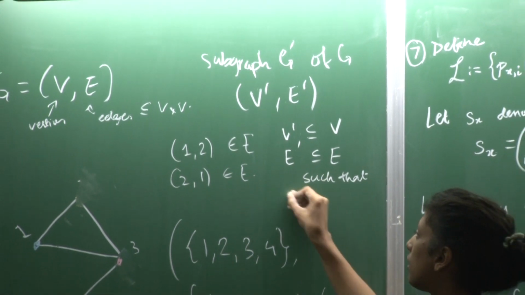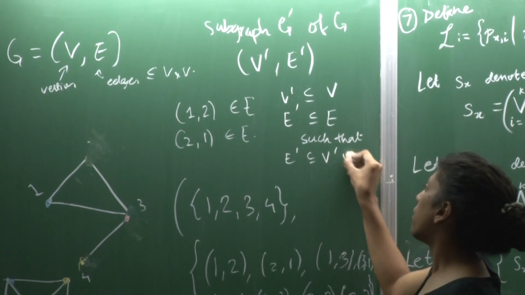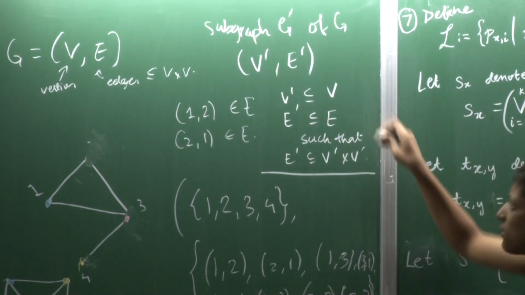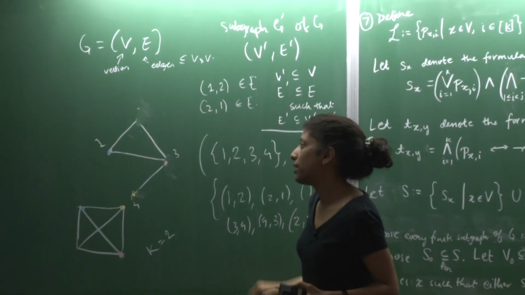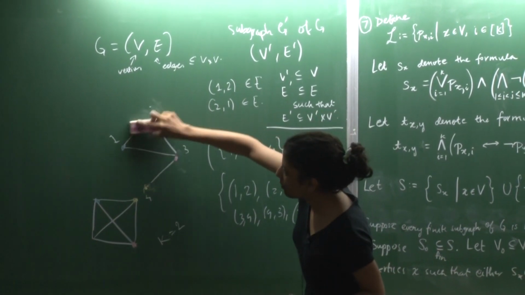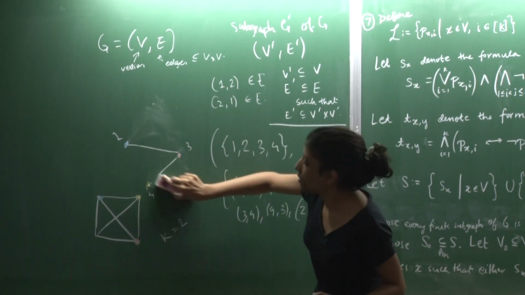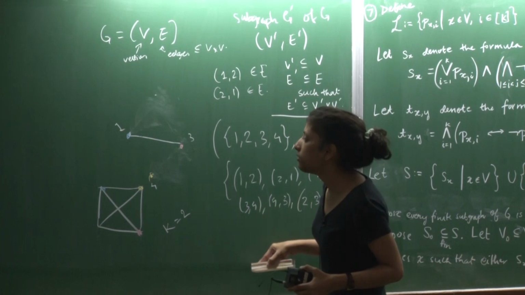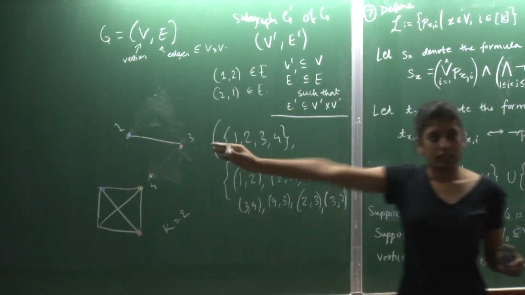So E' is also a subset of V' cross V'. So then this would be a valid graph, right? So in this case, if I wanted to remove this vertex 2, then I would also have to remove the associated edges. And maybe I could also remove this edge if I wanted. Then I would be left with 3 vertices and 1 edge. So this is a valid graph.